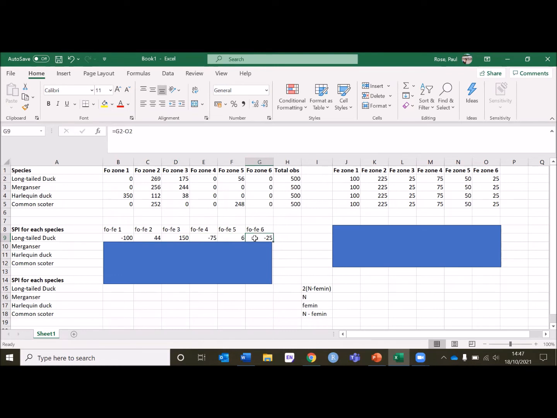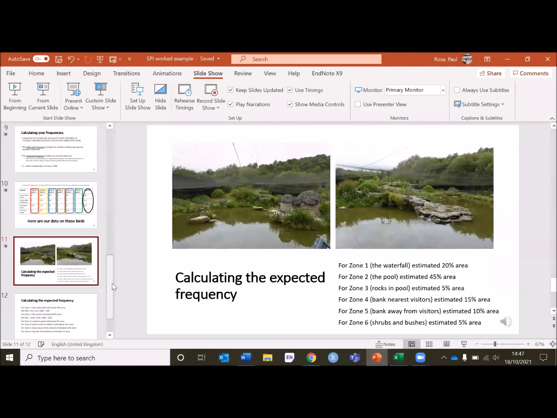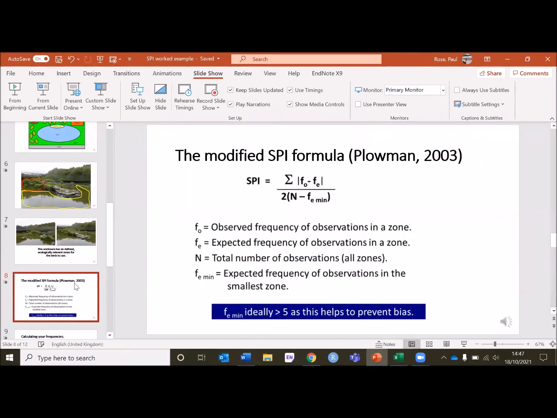So this calculation here is my observed minus my expected. And we do that for all birds. And here is my observed minus expected for each zone for each species. Remember, I said to you that the top part of the equation for the SPI formula contains modulus brackets.